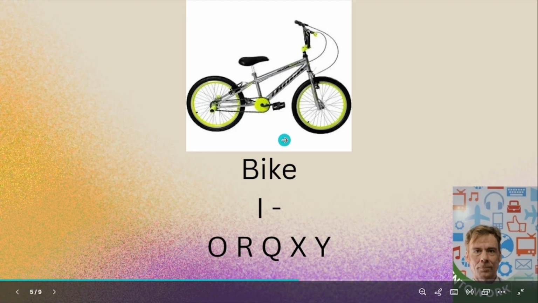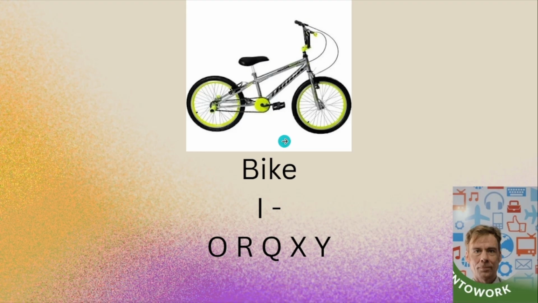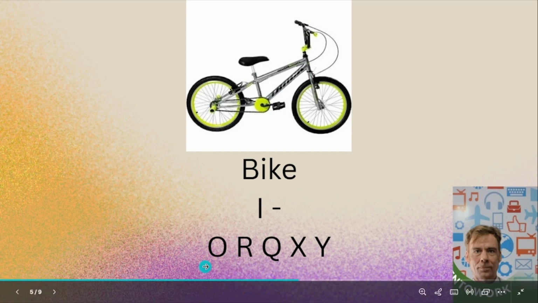All right, this is the bike sound because it is pronounced like the letter I, bike, I. There are only two letters in the alphabet that have the bike sound. Which one of these five are they? This may be difficult, so let's say the letters together.